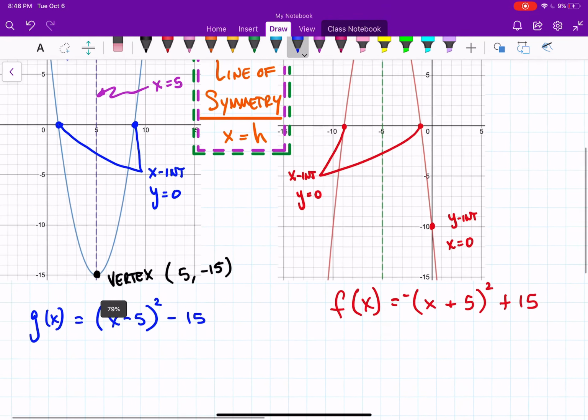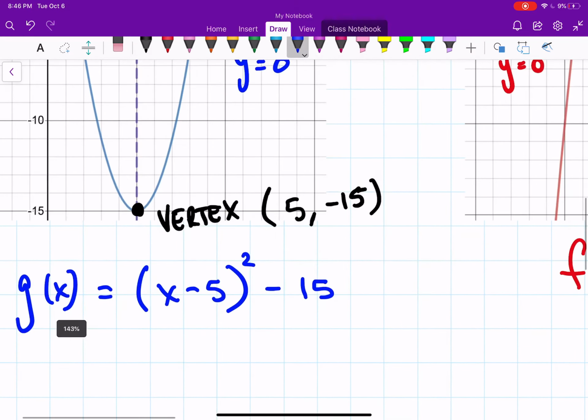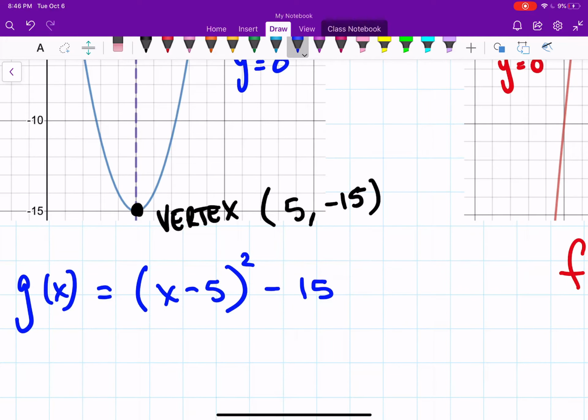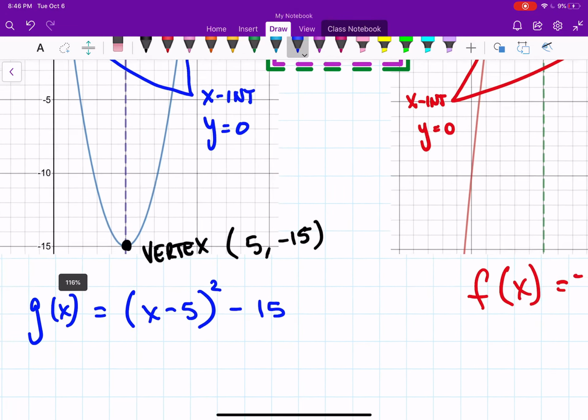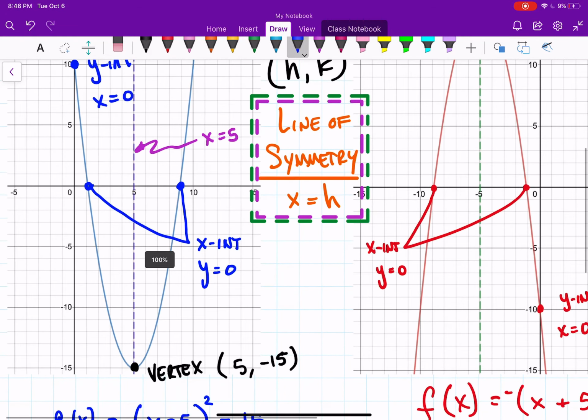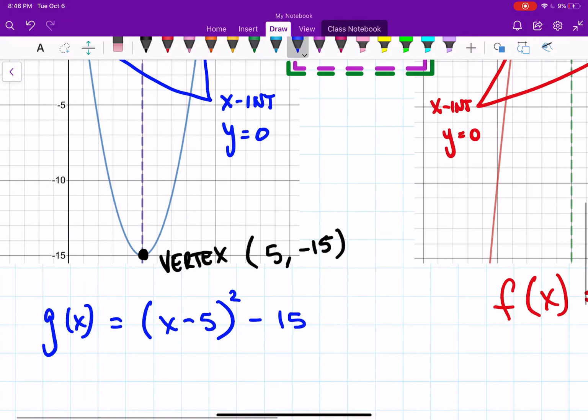So there we go. And you're probably wondering, how do I know what a is? How did you know that the a is actually a +1? Well, I know it's positive because it's smiling. I know it's a 1 because I see the pattern here where the vertex, and then when you go 1 to the right, it goes up 1 as well.